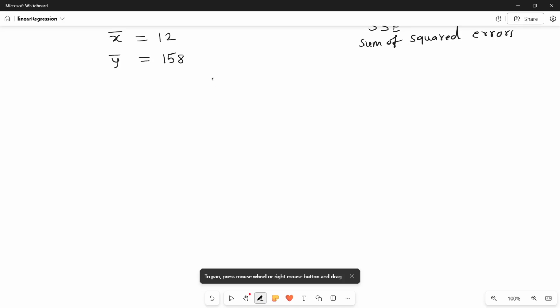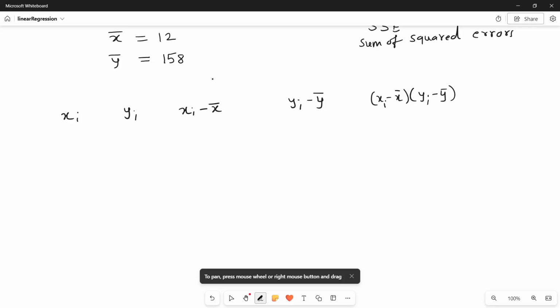What are the values that we need? We need the xi values, yi values, the difference between each x value and the mean, the difference of each y value from its mean, and then the product of these differences: xi minus x bar multiplied by yi minus y bar.